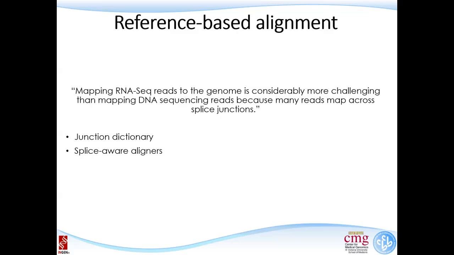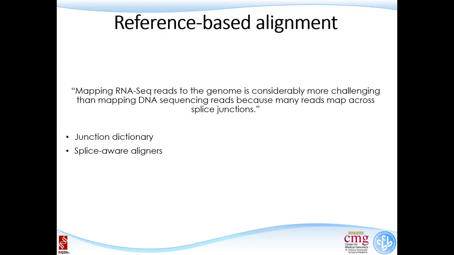So for reference-based alignment, the original technique was simply to use a DNA-seq aligner, and then to get a list of junction sites that could potentially match your reads, and just search that list as an index and try to put a read that had pieces split between two different exons in the position where you thought it would go.